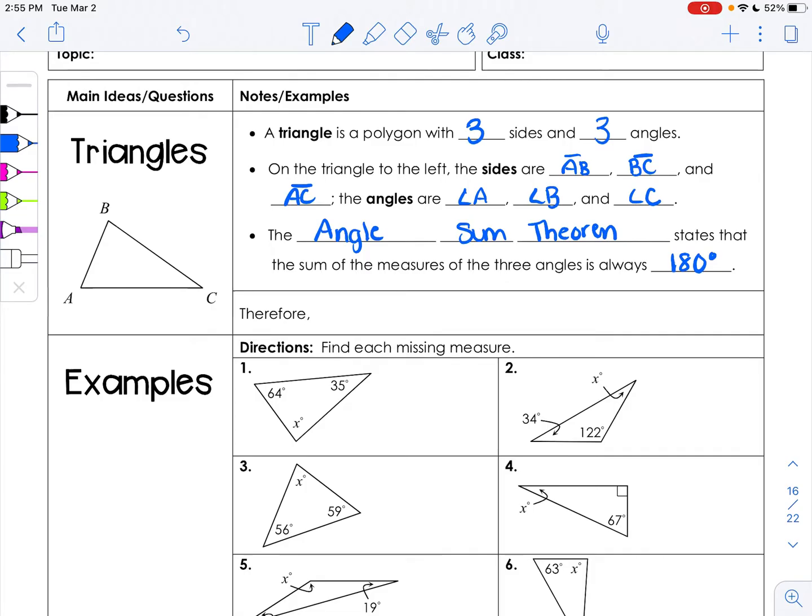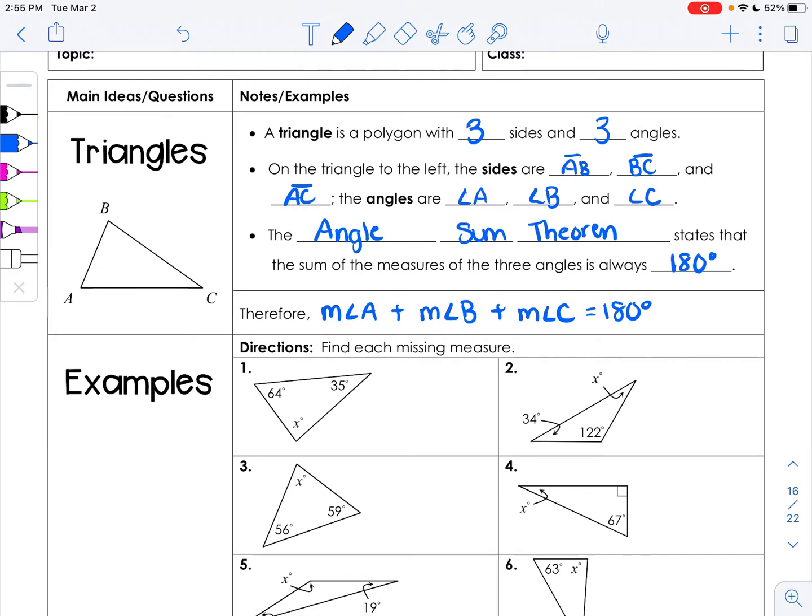So we can say that the measure of angle A plus the measure of angle B plus the measure of angle C equals 180 degrees. And we can say this is true for all types of triangles. And we can use this to help us find missing angle measures.